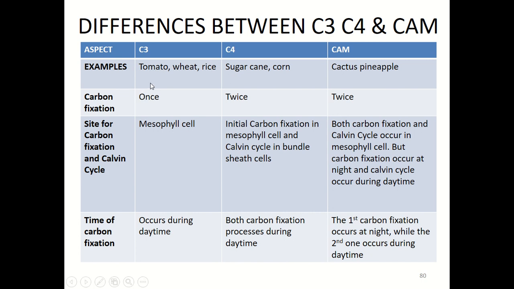Examples of C3 plants are tomato, wheat, and rice. For C4, such as sugarcane and also corn, and CAM, such as cactus and also pineapple.